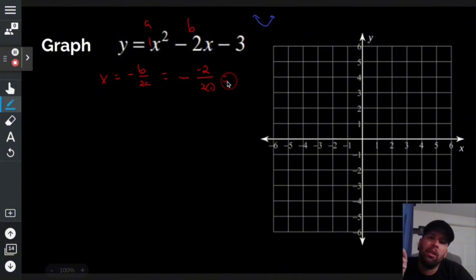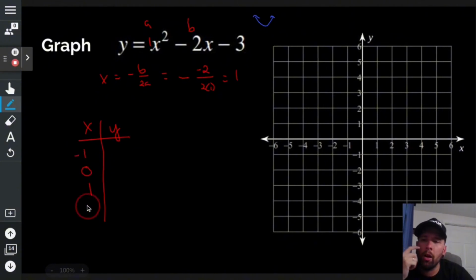Negative negative is a positive. 2 over 2 times 1 is 2 over 2 is 1. So the x value is 1. So I'm going to make an xy chart where my middle x value is going to be 1. And then I'll also plug in 0, and then I'll plug in -1, and then I'll plug in 2, and then I'll plug in 3, and so on and so forth.